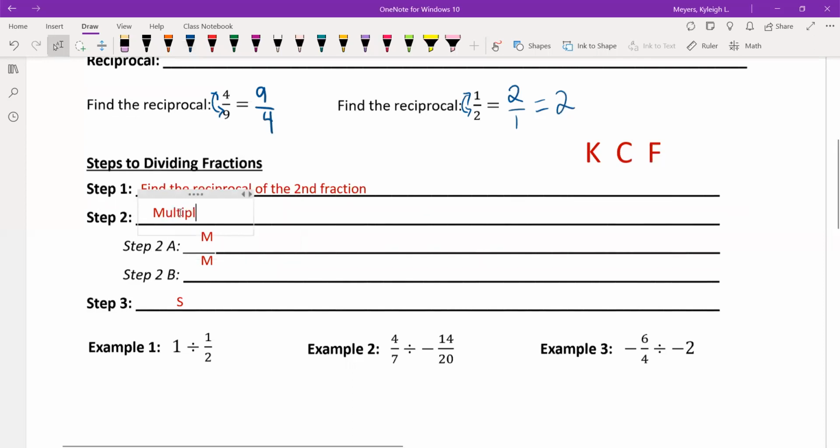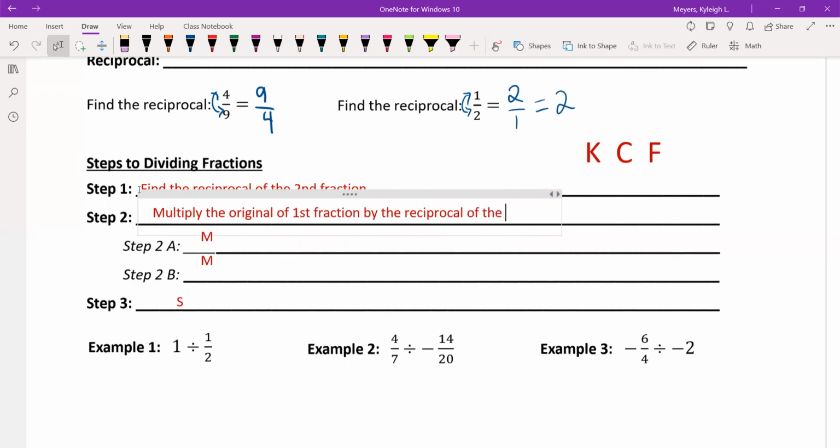And then you multiply the original, of the first fraction, by the reciprocal of the second fraction. And that'll make sense when we see it, okay?